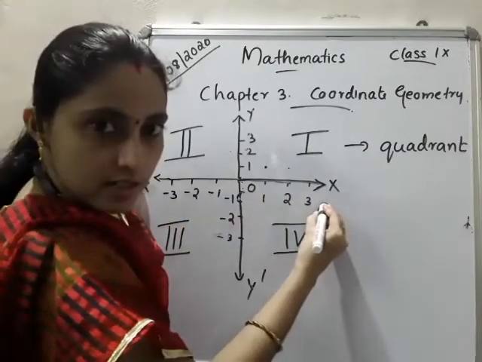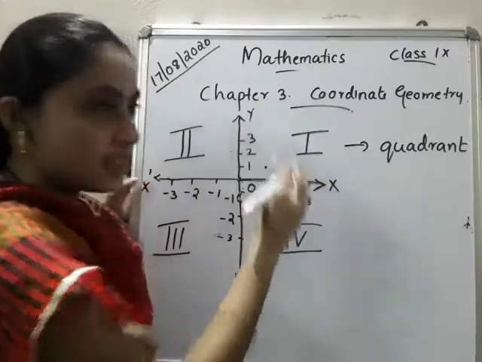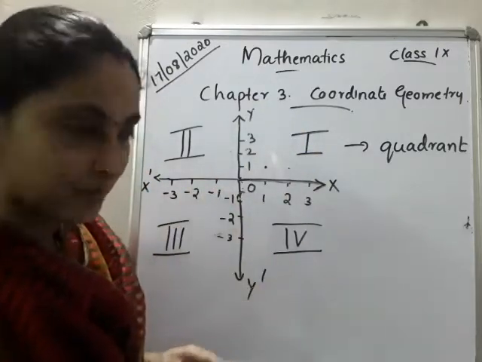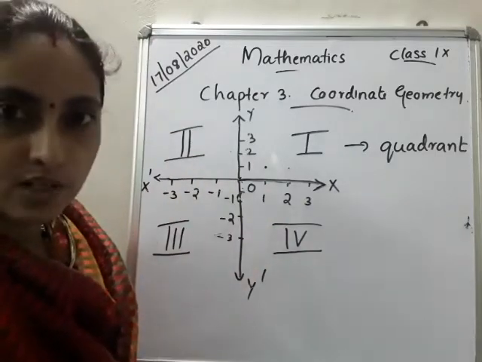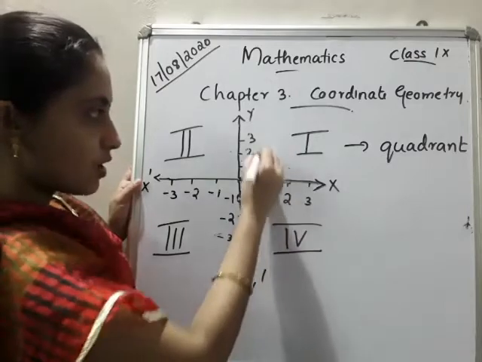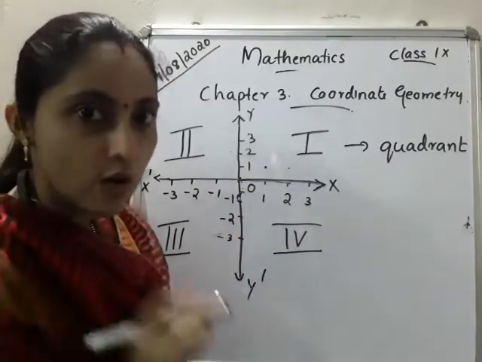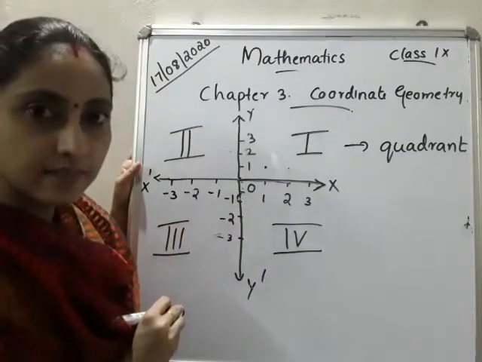Here it is positive x axis, here also positive. So all the points in the first quadrant are positive. That is, the X coordinate is positive and the Y coordinate is positive. All the points in the first quadrant are positive only. Clear?